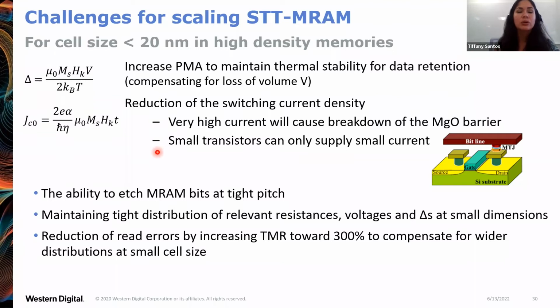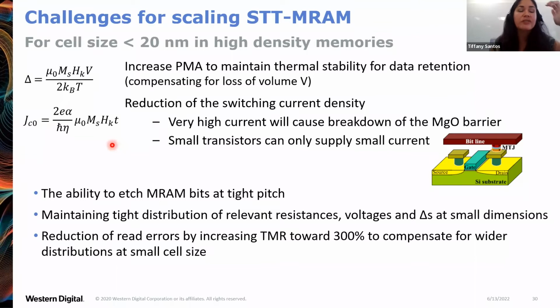And also, a high density MRAM requires a high density of very small transistors, but small transistors can only supply small current. And you still need to have enough current to switch the MRAM free layer. So this is a difficult trade-off for anybody working in MRAM.